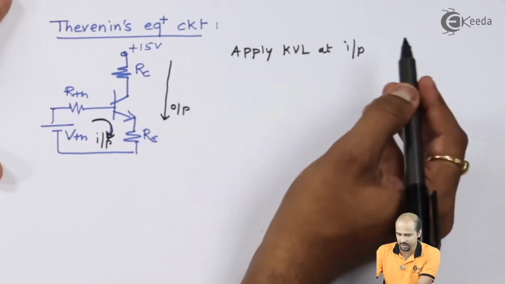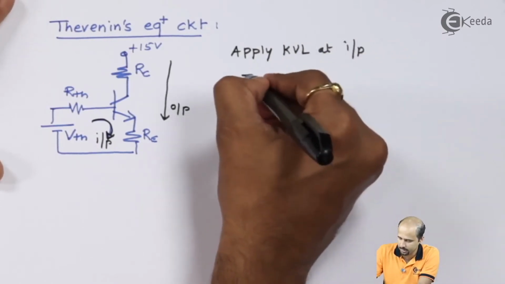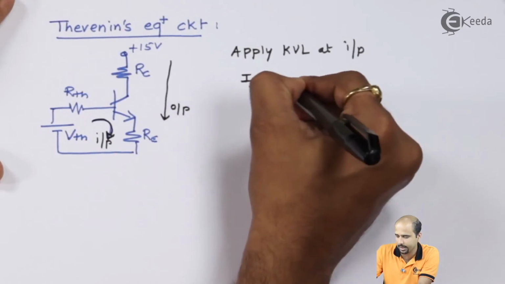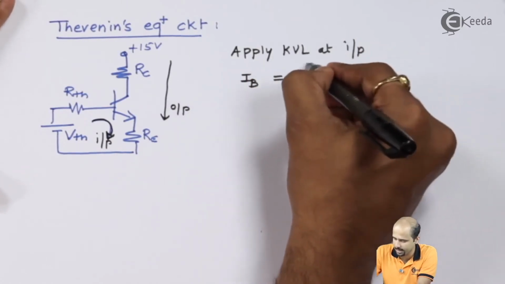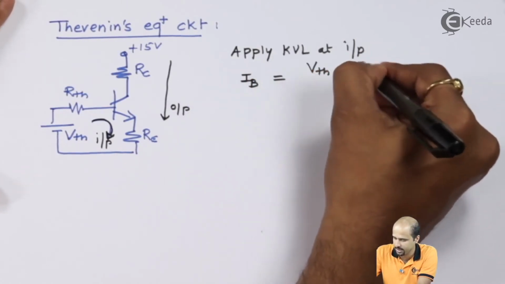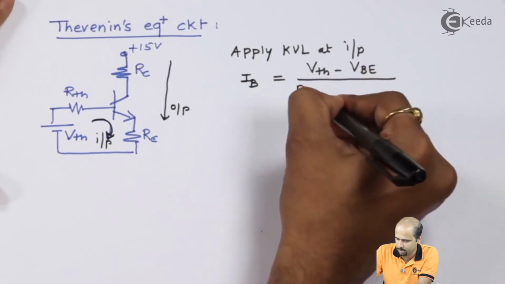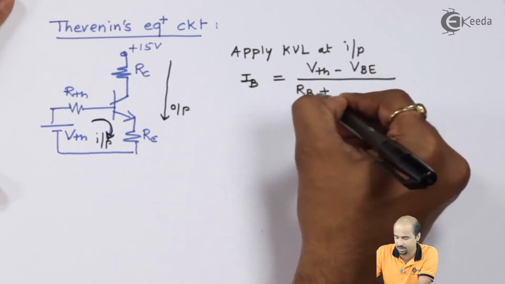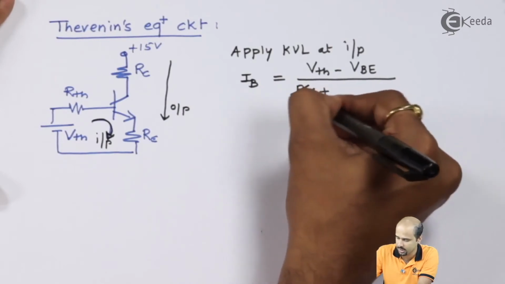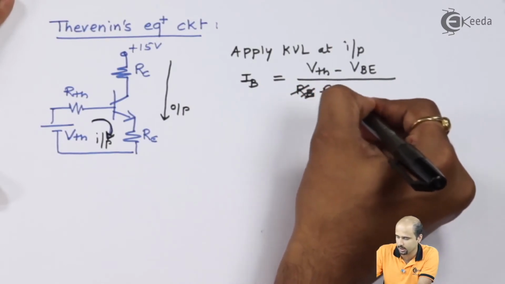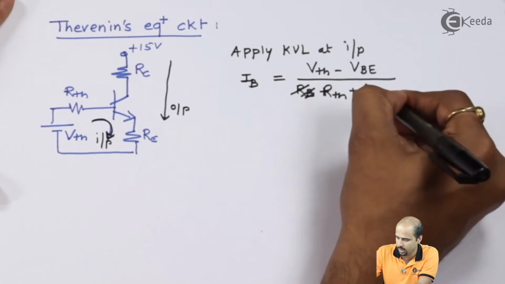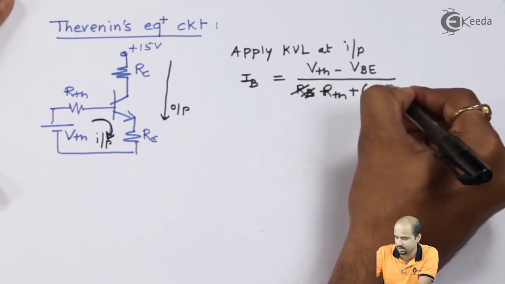Whatever KVL formula we get, from that we'll get the value of IB. I'll directly write the value of IB as VTH minus VBE divided by (RB plus (1 plus beta) RE), where RB is nothing but RTH, and 1 plus beta is nothing but HFE.